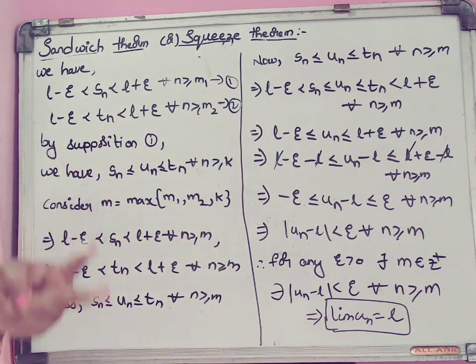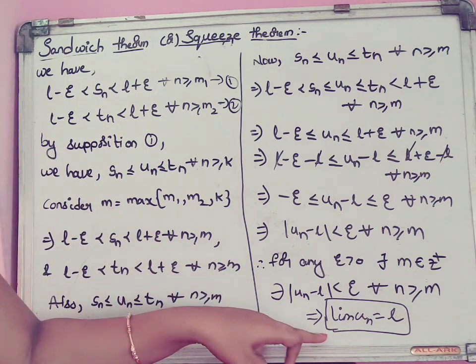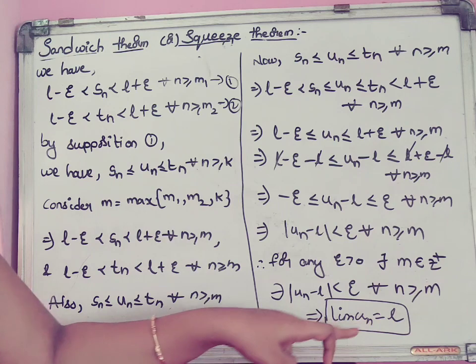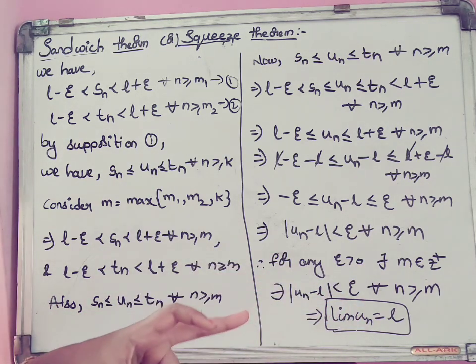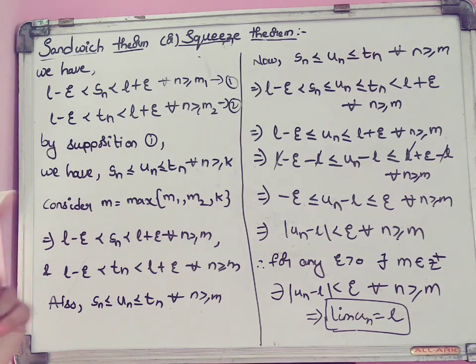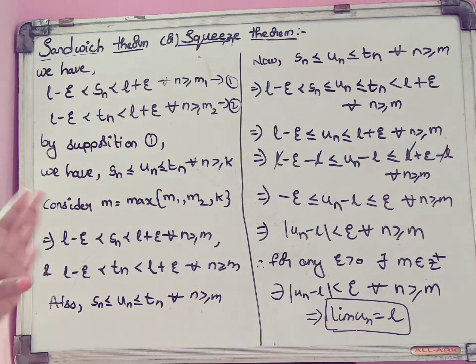By using these 2 suppositions, we need to prove limit Un is equals to L. We need to prove this by using which definition? By the definition of limit of a sequence. From this theorem, you need to learn the limit of a sequence definition. Without that, you can't understand it. This is the sandwich theorem proof.